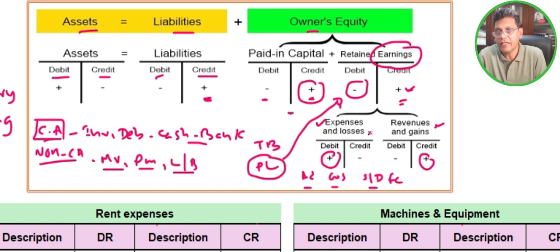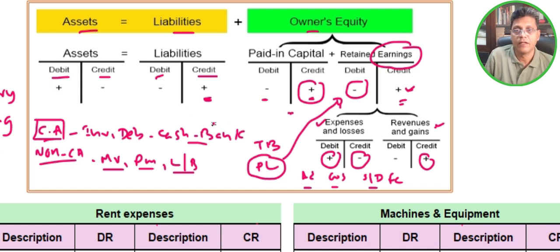We recognize and identify these expenses separately. So any increase in expenses we debit, because eventually that will result in a reduction in the retained earnings. Likewise, any decrease in expenses will increase the earnings and the capital. So this is the basic rule about the double entry accounting principles.